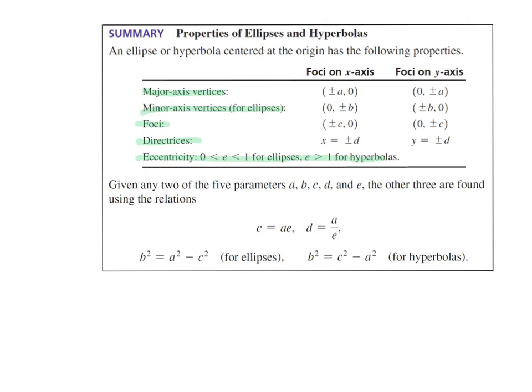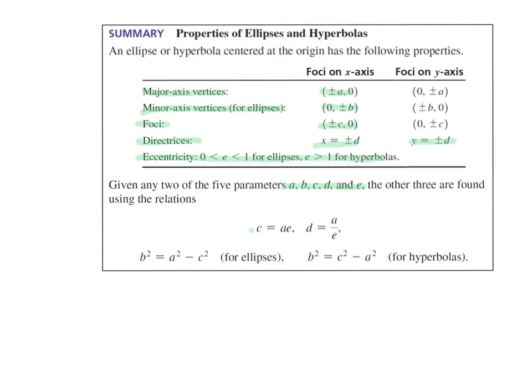So if you look at these values that we have talked about, and here D is going to stand for, we're not going to use P here, we're using D for directrix. So if you look at all of these variables that we've talked about, like an A for vertice, a B for the shorter distance, a C for the foci, and a D for directrix, and we have these variables A, B, C, D, and E for eccentricity, then we have the following relationships.